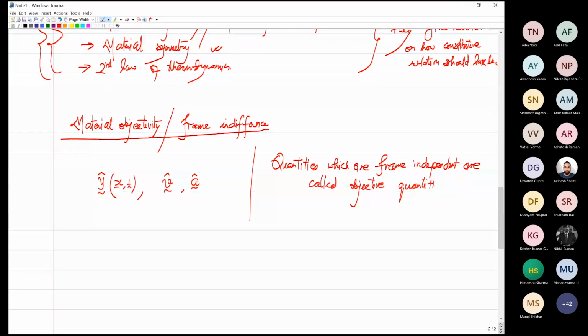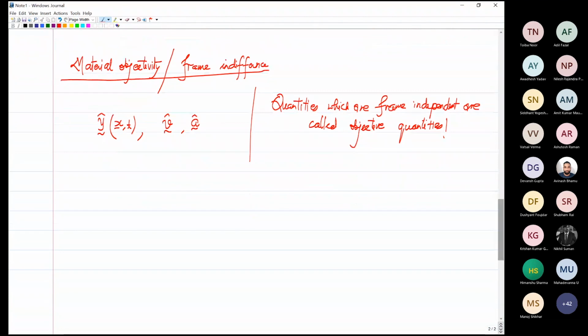And you will see that when we talk about constitutive relations, it is much easier when we express the constitutive relation in terms of objective quantities. So their importance will come when we try to find the formula for constitutive relations, for example. So this was just physics: quantities which are frame independent are objective quantities.